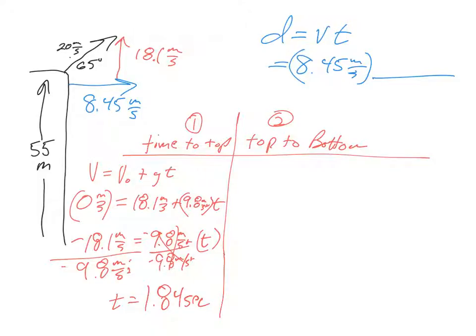Now I got to do time down. Time down is tough because I can't use velocities, but I do know that it was off the ground, my change in y, which we did earlier, 71.7 meters.